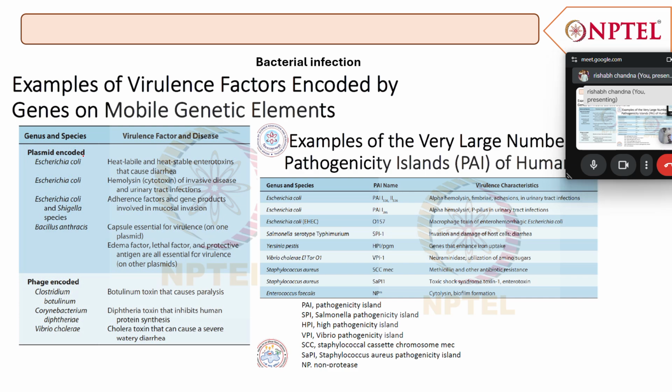For example, in E. coli, we have heat labile and heat stable enterotoxins that cause diarrhea. Then we have hemolysin, that is a cytotoxin of invasive disease and urinary tract infection. Then, in case of E. coli and Shigella species, we have adherence factors and gene products involved in mucosal invasion.